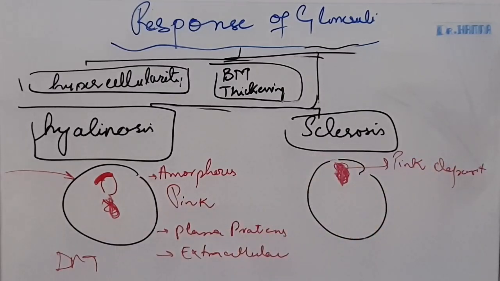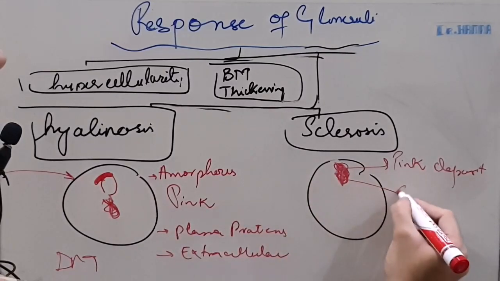So now sclerosis looks pink on H&E. Hyalinosis also looks pink on H&E. One is the end stage and one is not yet end stage. How can we differentiate between these two conditions? The answer lies in the special stains.